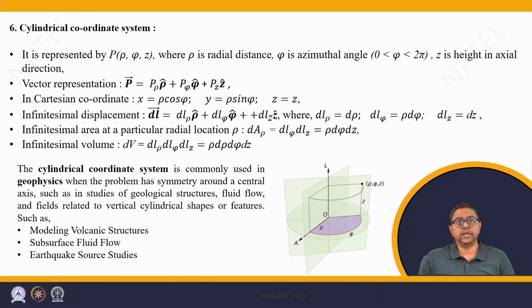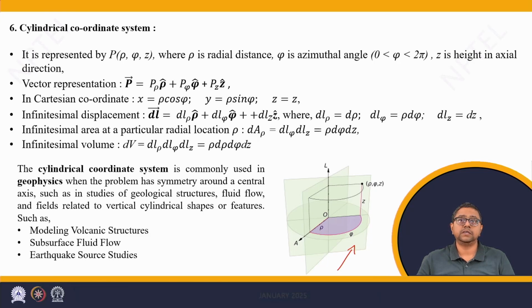Like the spherical coordinate system, the cylindrical coordinate system is a curvilinear coordinate system which is useful for various geophysical applications. Similar to the spherical coordinate system, the angular coordinate phi is represented as shown in the figure. You can see that the cylindrical coordinate system is somewhat an amalgamation of the Cartesian and the spherical systems.